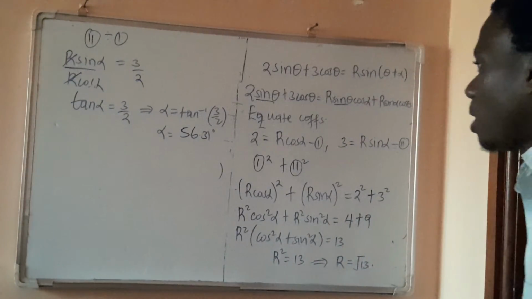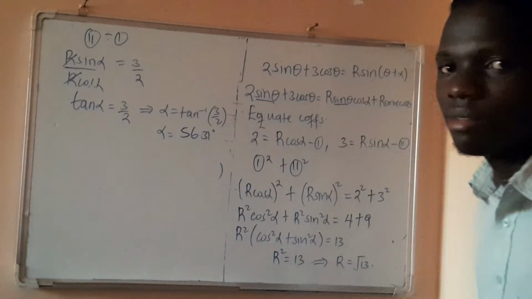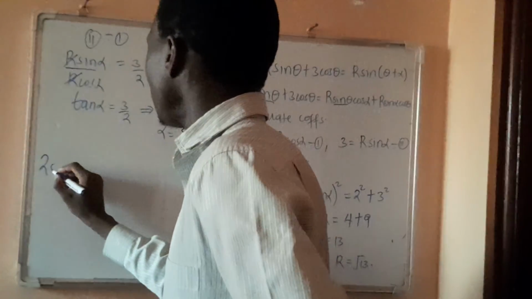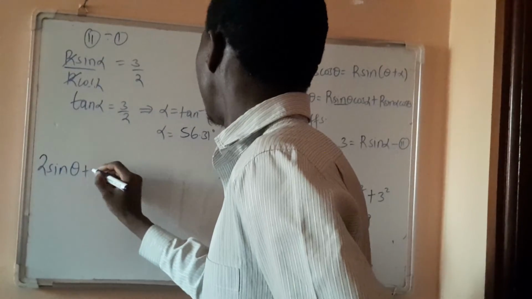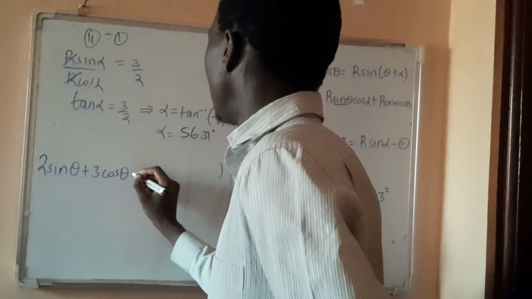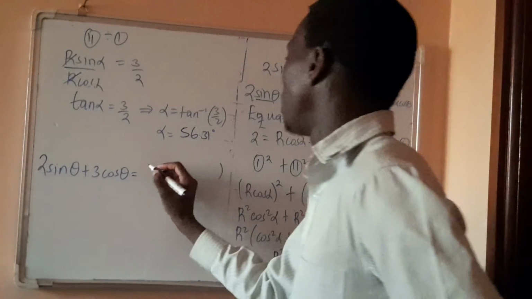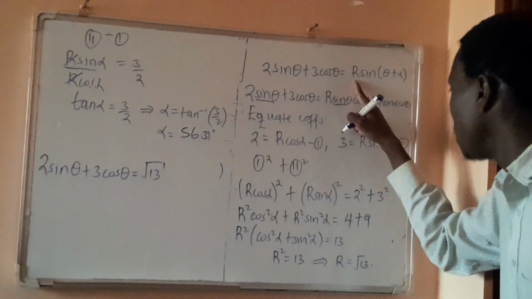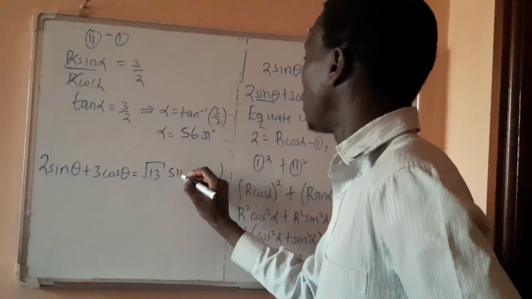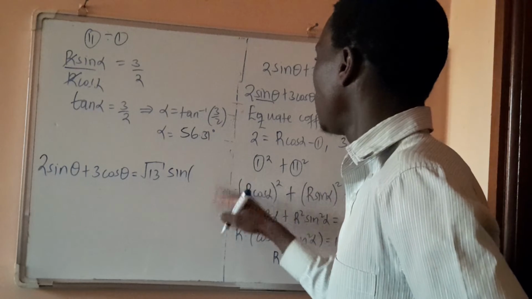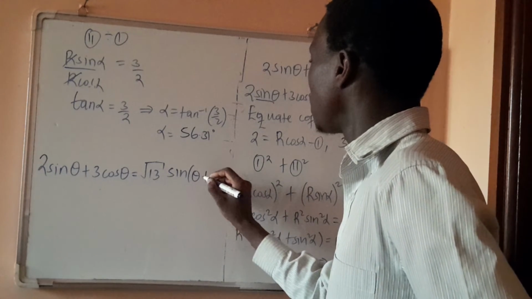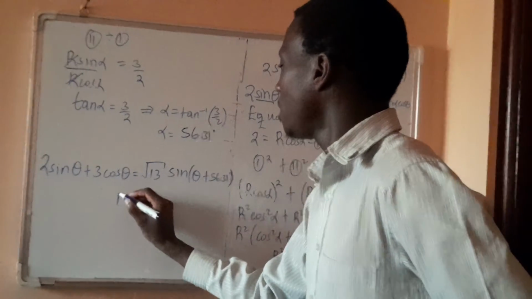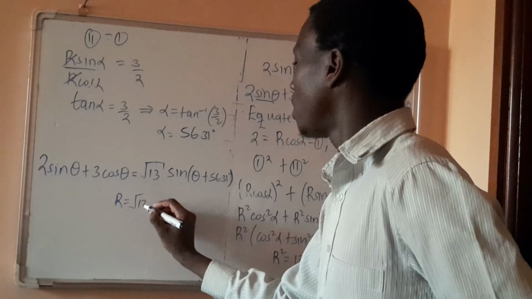Now we can substitute back. I have r, I have alpha. So 2 sine theta plus 3 cos theta is equal to r sine of theta plus 56.31, where r is the square root of 13.